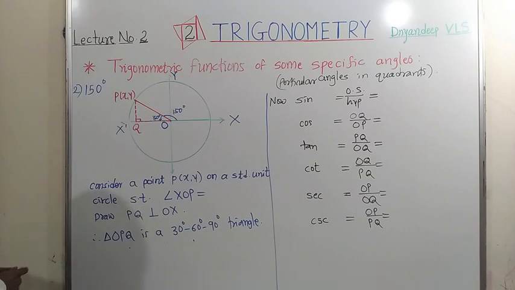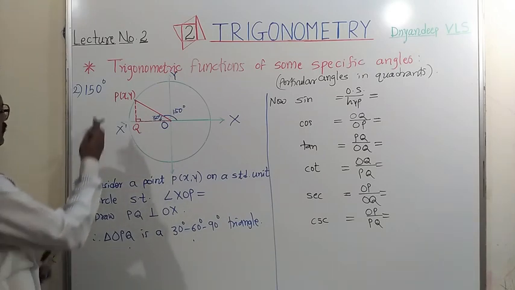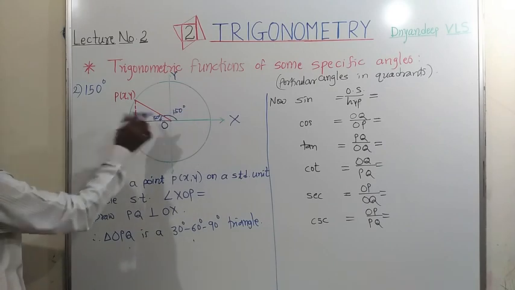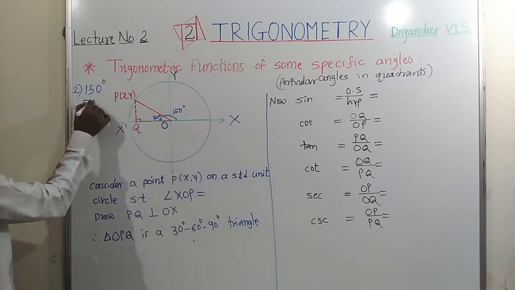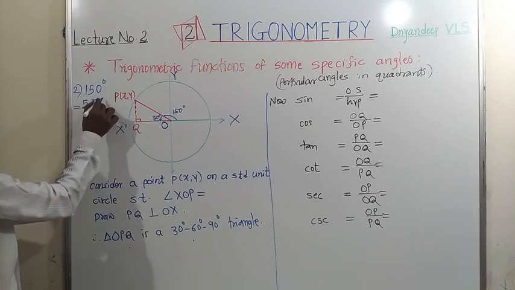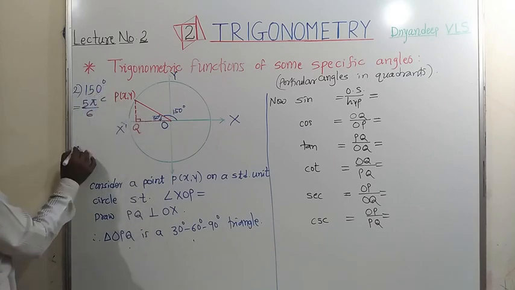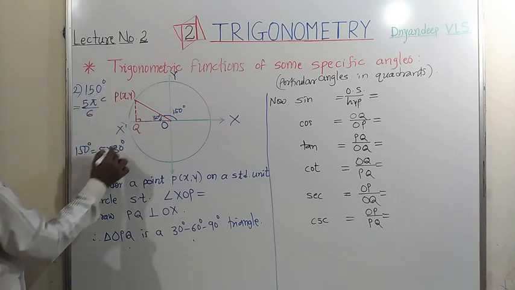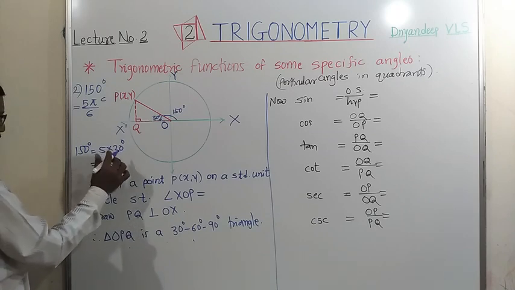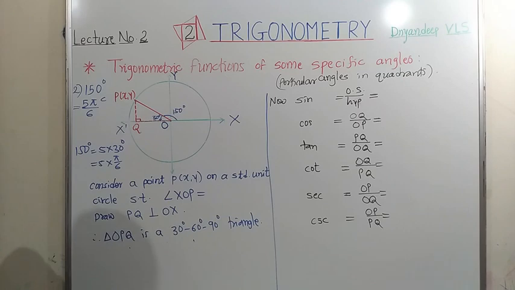So 150 is nothing but how many times 30 degree? 150 is nothing but 5 times 30 degree, and 30 degree is nothing but pi by 6. So it is equal to 5 pi by 6 radian. It's very simple. Convert this 150: 150 is 5 times 30, and 30 is pi by 6, so we get 5 pi by 6 radian.